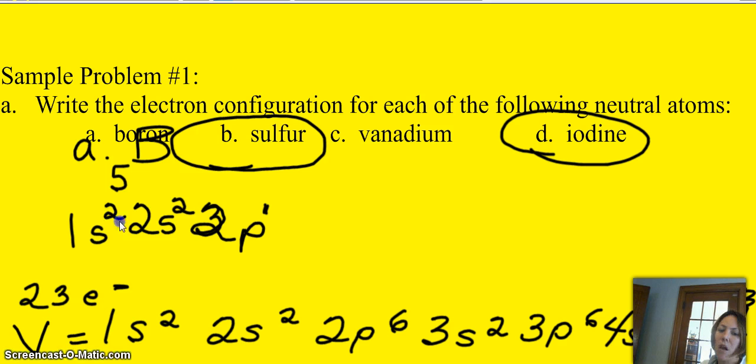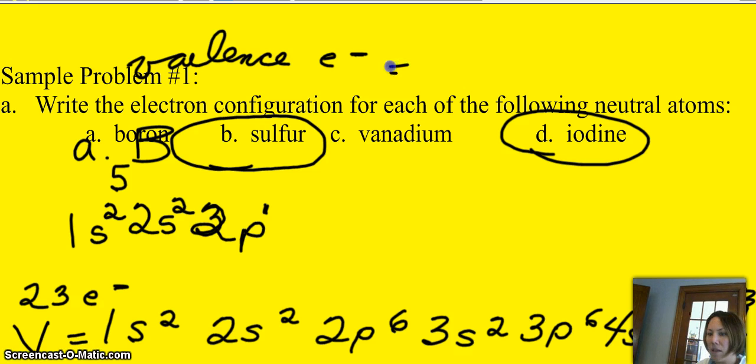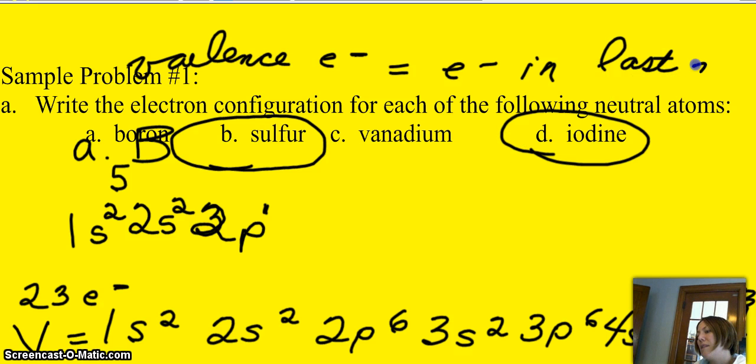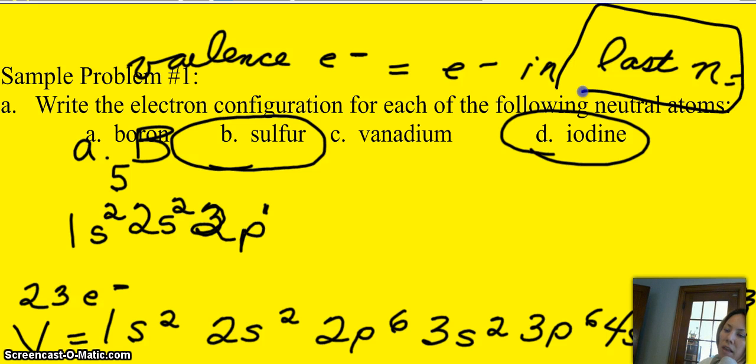While we're here, let's talk about valence electrons. Remember, valence electrons are the electrons in the outermost energy level. And I know we've talked about this in class. Instead of saying outermost energy level, I want you to say the last N, the last principal energy level.